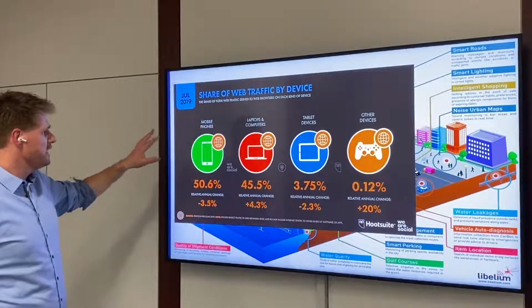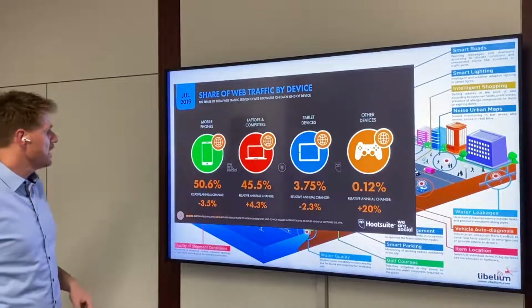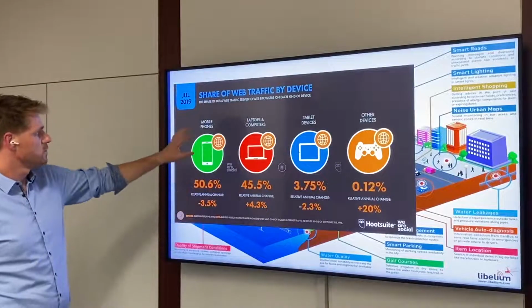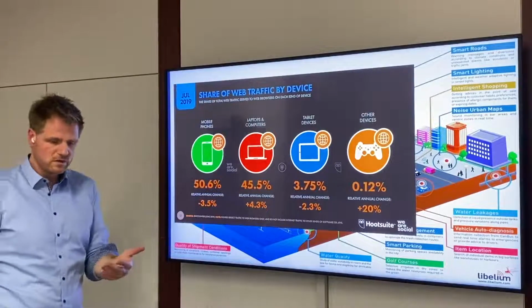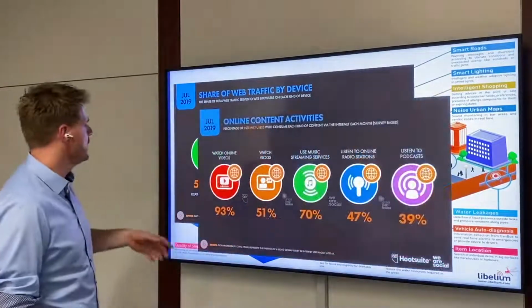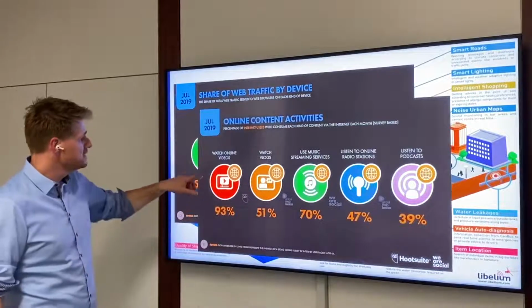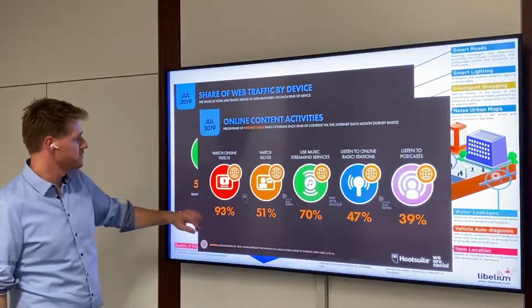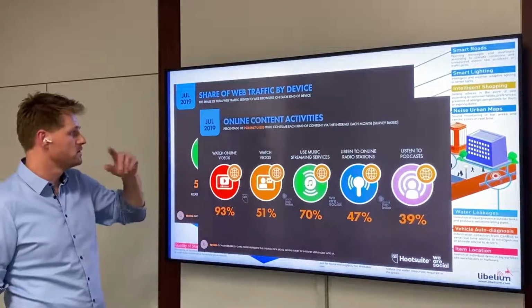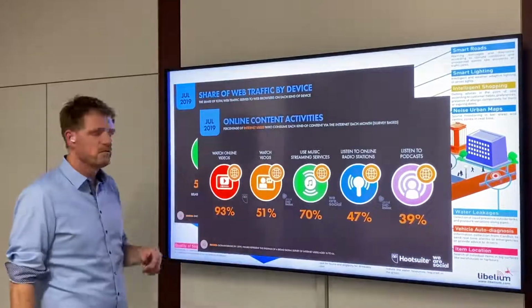In 2019, here you can see how the traffic was more or less distributed. 50% was on mobile phones, because it was a habit to have everything with you. If you now look at online content activities, we could also see that 98% of internet users who consume their content by internet are watching videos.